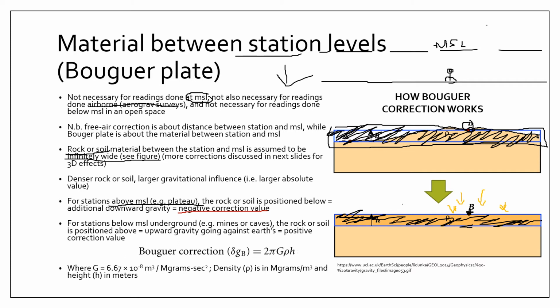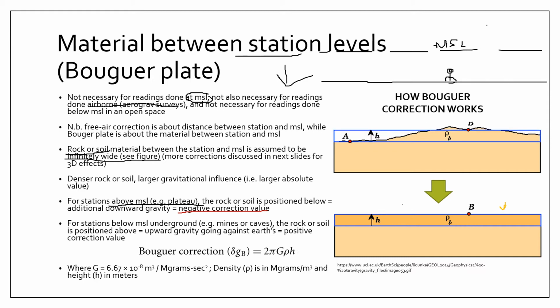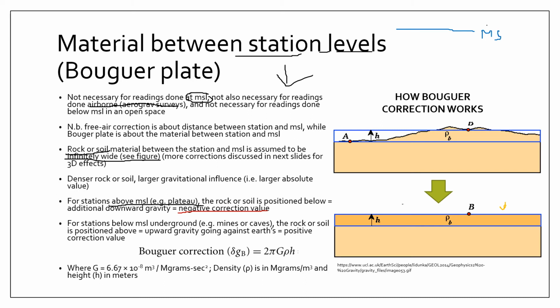Now, if your station is located underground, like in a cave, then let's delete all this. Let's say this is mean sea level, and you are here, on a cave or a tunnel.